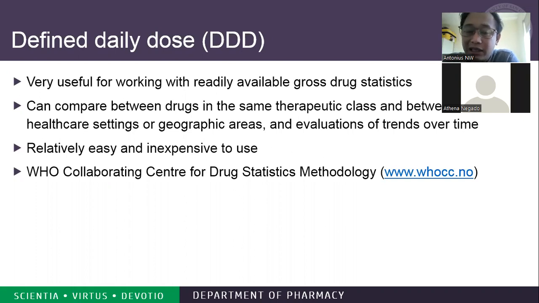It is a dose that is calculated from a certain population. It can be the population of a country, of a region, of a city, and even of patients in a hospital. That is the defined daily dose.